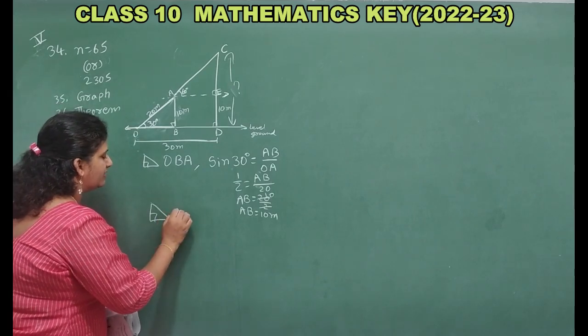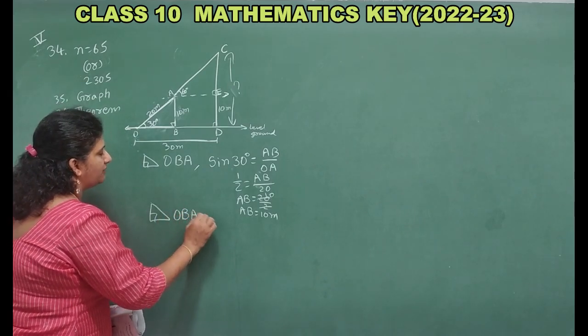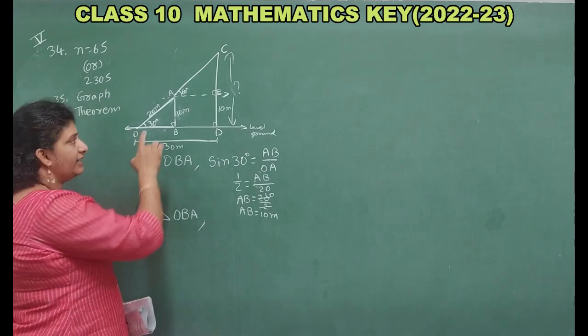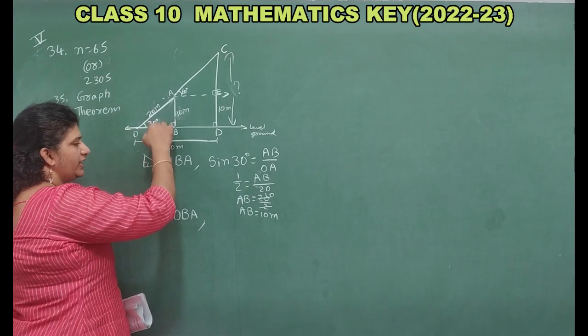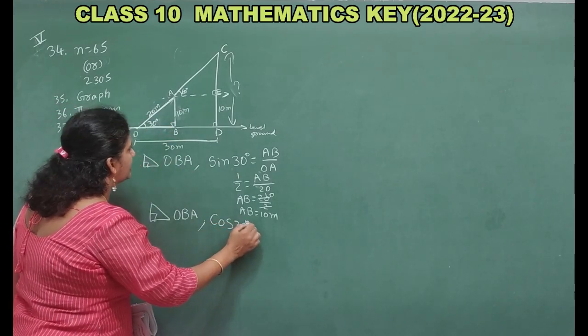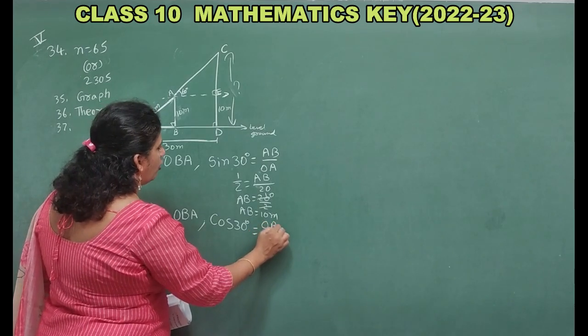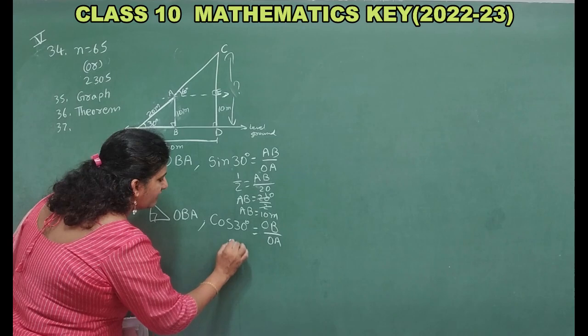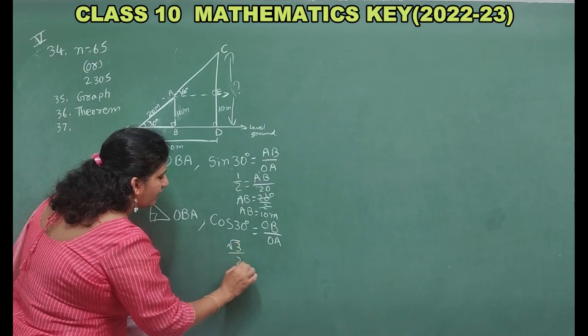Now next let me find the base of this right triangle. Again consider right triangle OBA. This side is adjacent. Adjacent and hypotenuse, what ratio are you going to take? Cos. Cos 30 degree is equal to adjacent OB by OA. Cos 30 value is root 3 by 2.